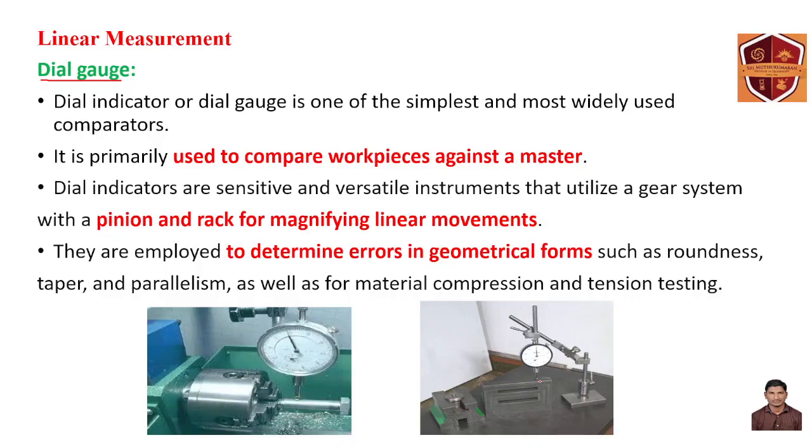If any error occurs in this flat surface, the needle point will oscillate. If the needle point did not oscillate, it means its surfaceness is good. If the needle points oscillate, it means the surfaceness is not good. It can indicate that place. Okay, so this is the dial indicator.